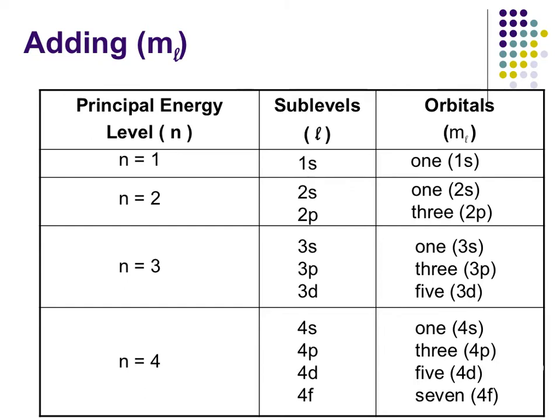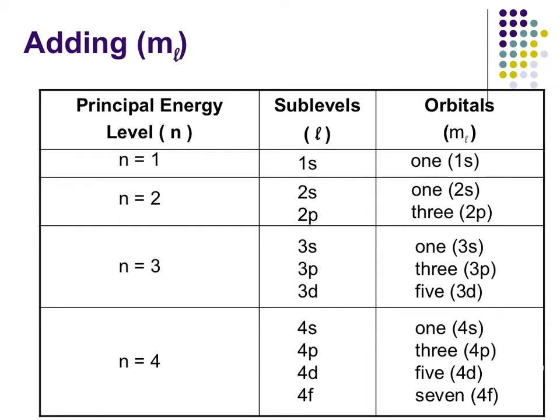The numbers that are paired with these sublevels represent the principal energy level, or the distance from the nucleus. So as I go down this table here, I'm getting further away from the nucleus. But those sublevels consistently come as a set of 1, 3, 5, or 7, no matter which sublevel they're on.